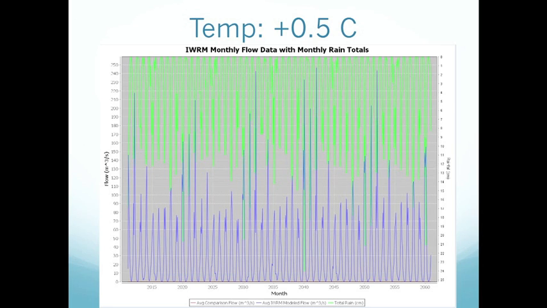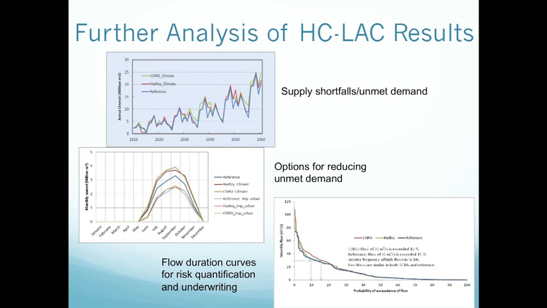It's kind of interesting how this plays out, and you can do all sorts of analysis. In this particular case study, we ran, for example, projections of annual unmet demands of water, and you can see, of course, that as the stream flow goes down because of that increase in temperature, the unmet demand goes up under a variety of climate input models that were downscaled for this location.